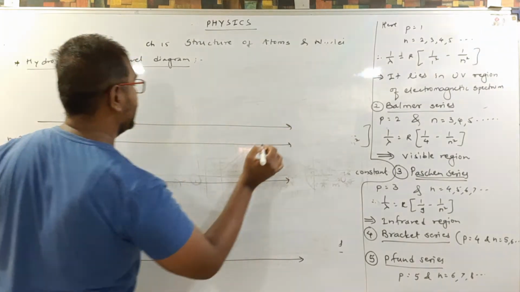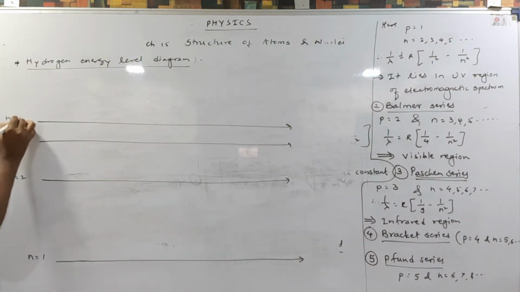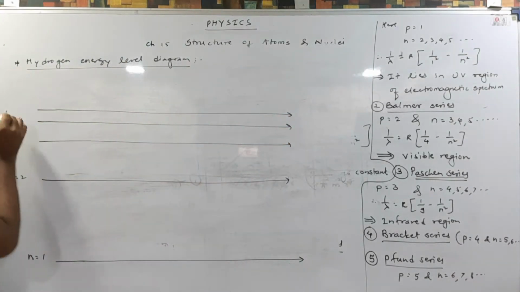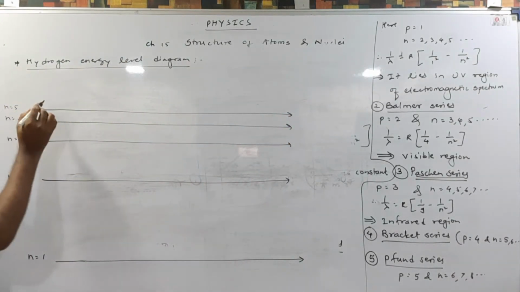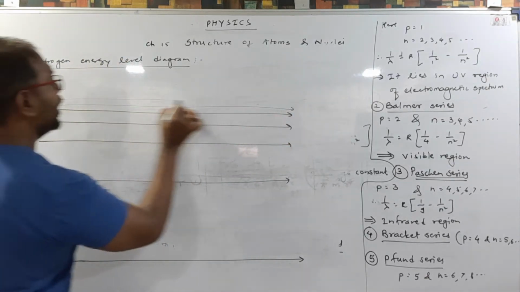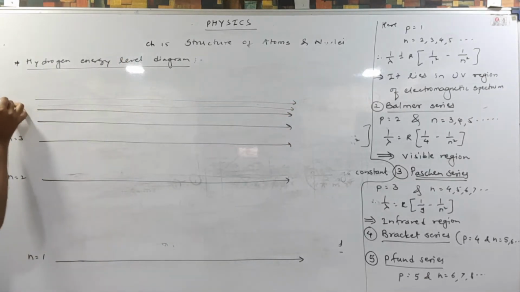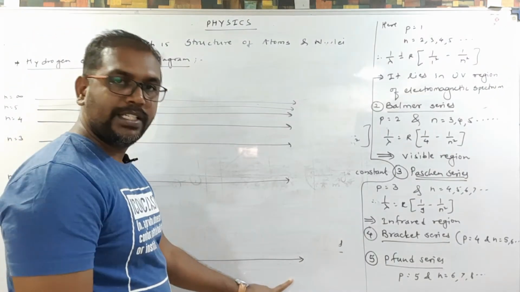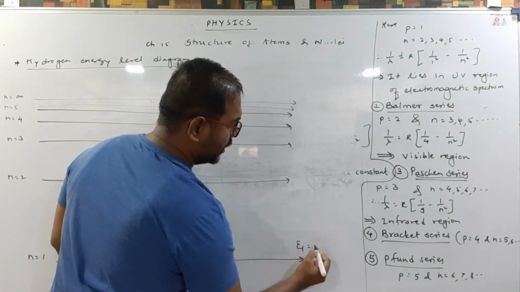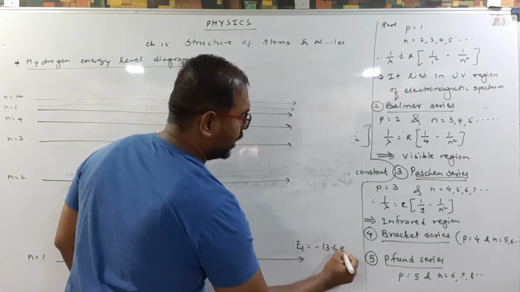Again I decrease the gap. n is 4. Now less gap. n is 5. Even less gap. n is 6. And directly I show infinity here, so n is equal to infinity. Now this is the first orbit.